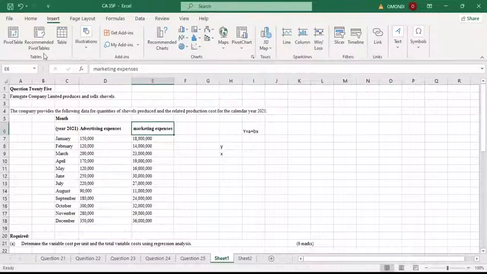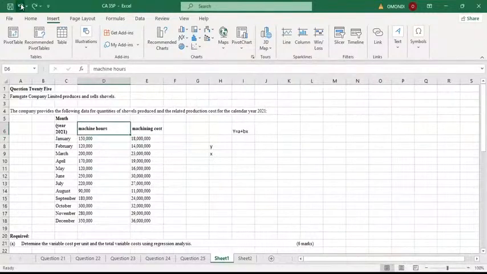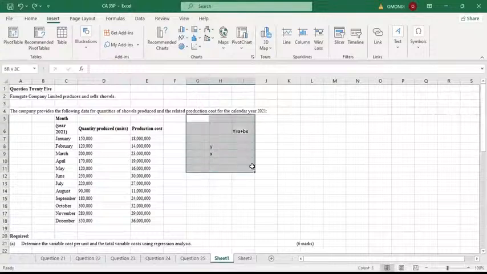Now, let's get back to the titles which were given here initially, that is production cost and quantities produced. So how are we going to solve this so that we get the value of Y, the value of X, then proceed with this question?